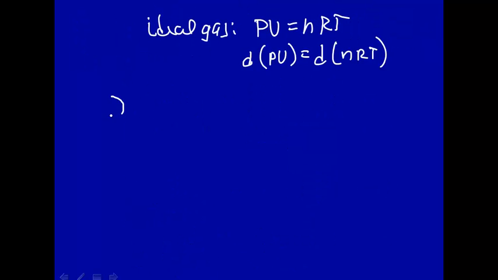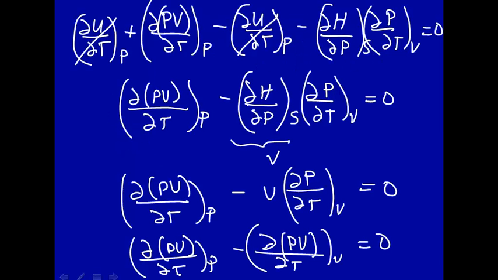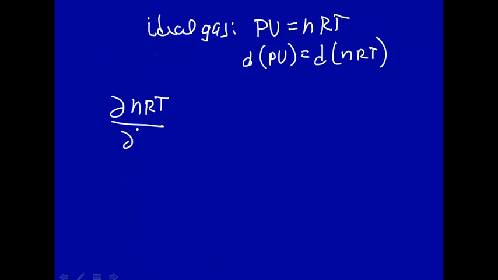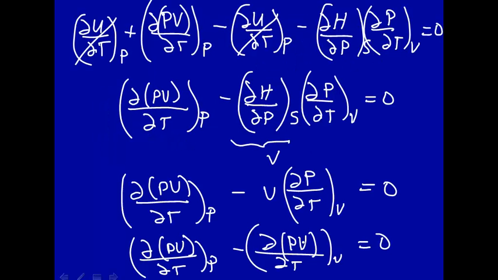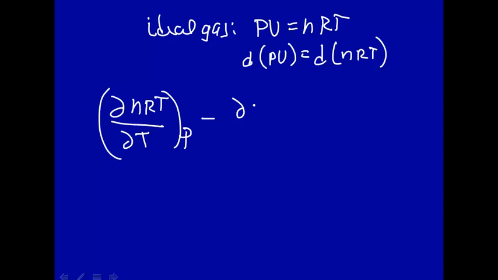So this is how nRT changes with T at constant pressure, minus how, again, we're substituting in for PV, nRT changes with T at constant volume. Is that equal to 0?